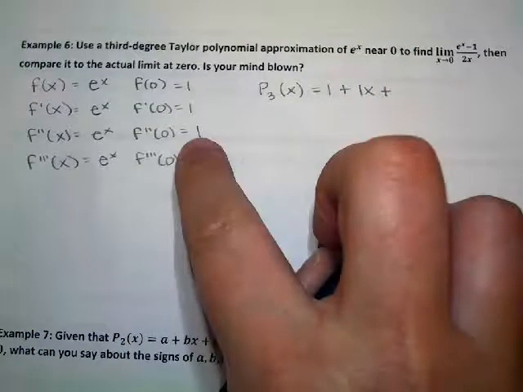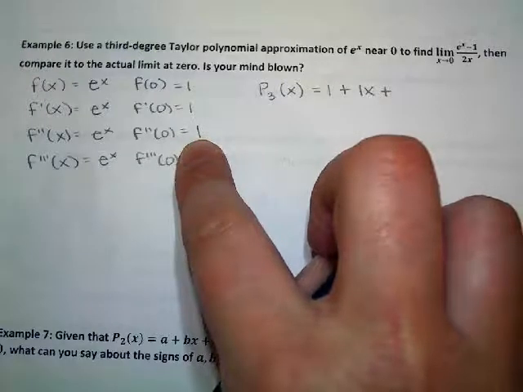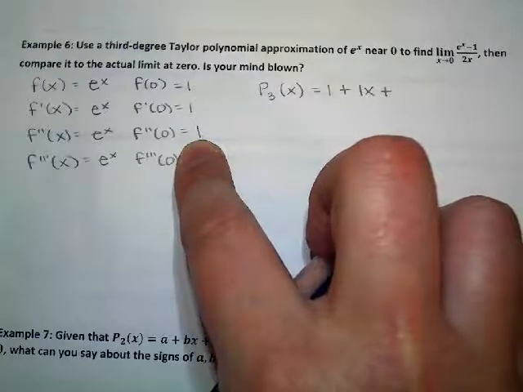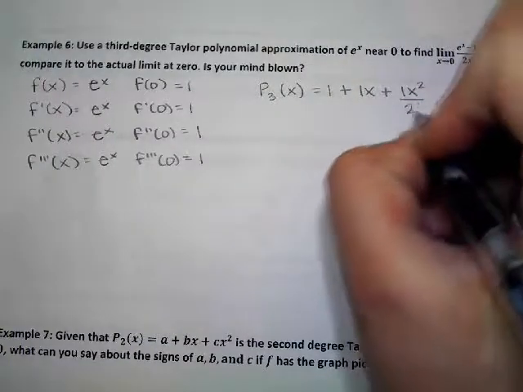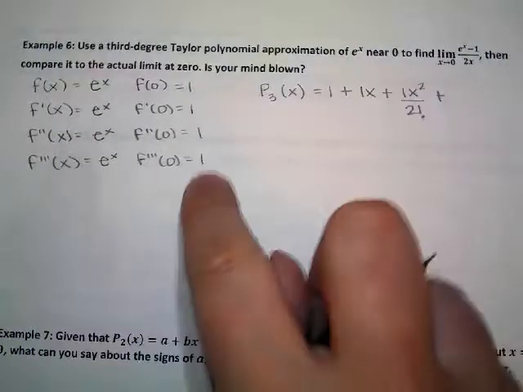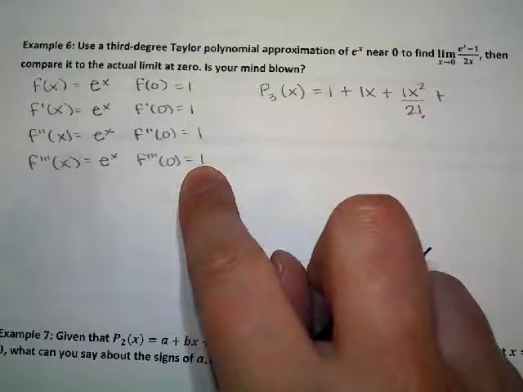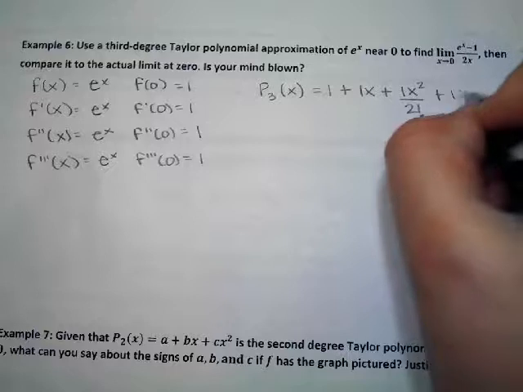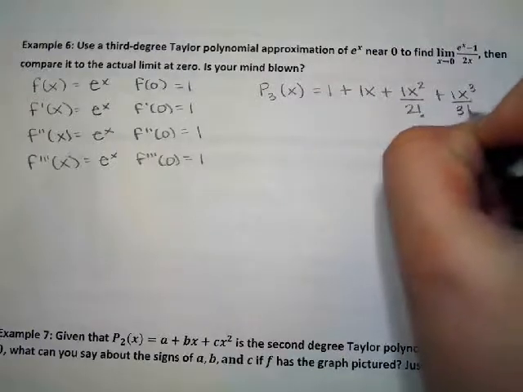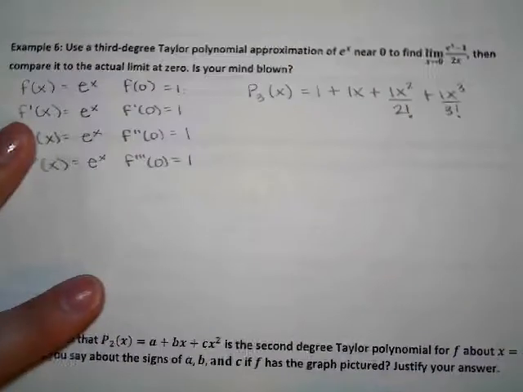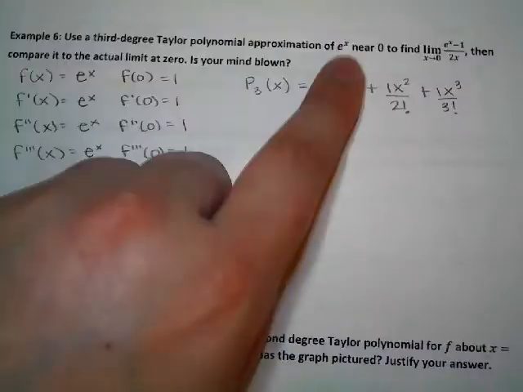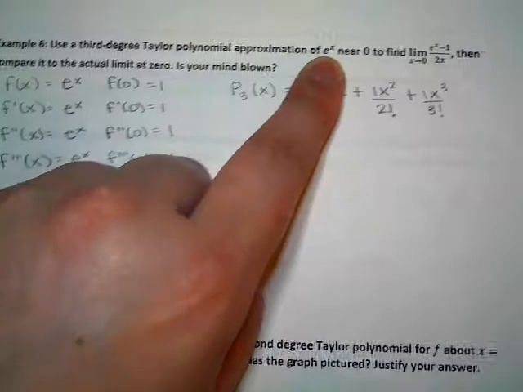And then this coefficient times x squared over 2 factorial, okay? And then this coefficient times x cubed over 3 factorial, perfect.